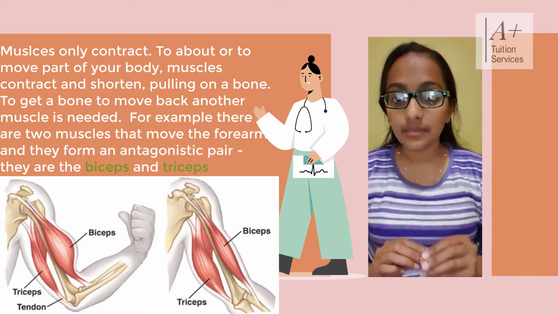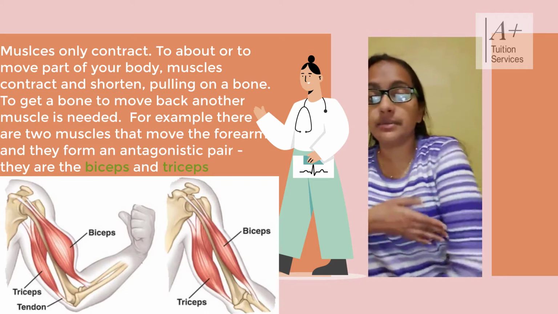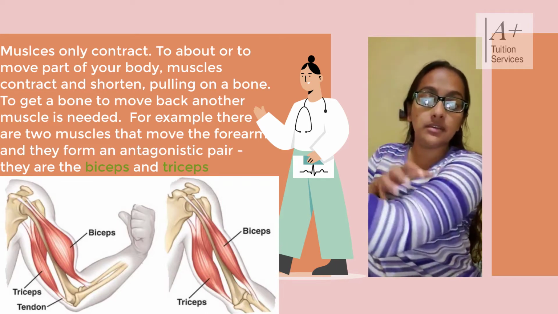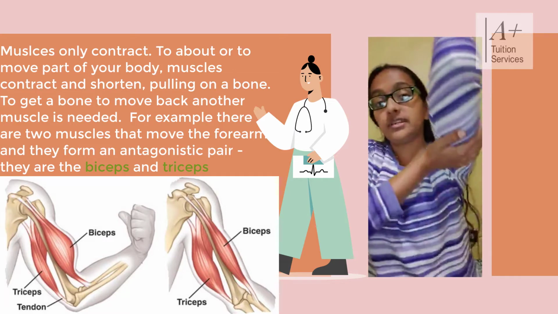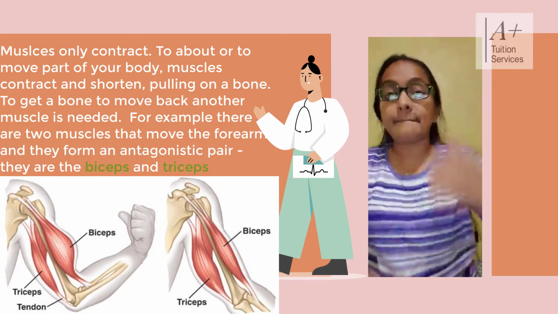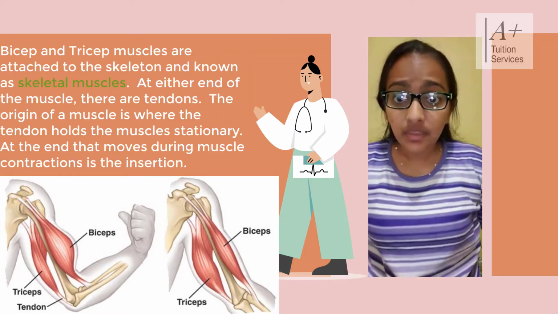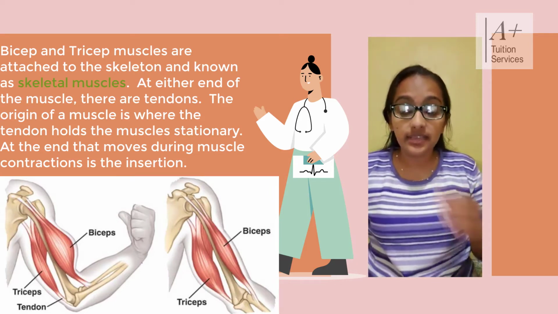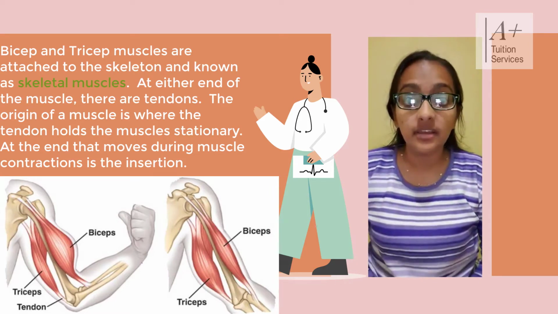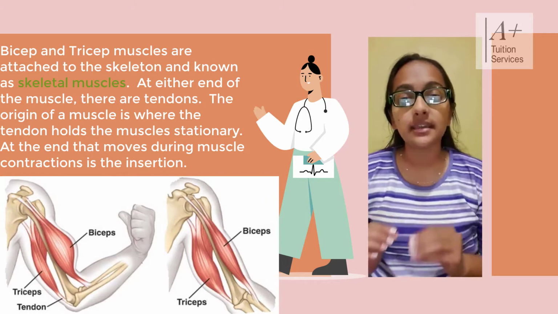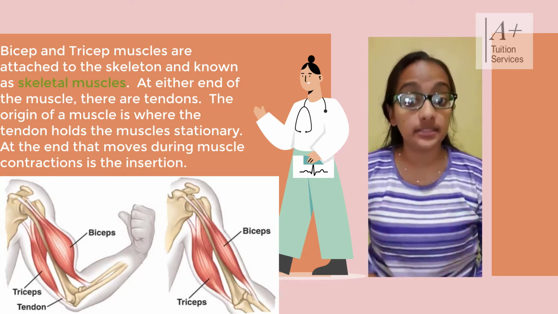So your biceps and triceps. Your bicep is this muscle here on the front, your tricep is the one here, right? Bicep and tricep muscles are attached to the skeleton itself, and these are known as skeletal muscles because they are directly attached to the skeleton.